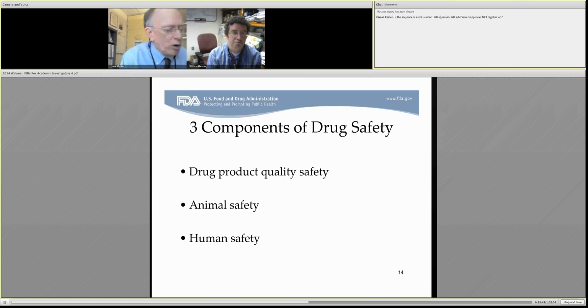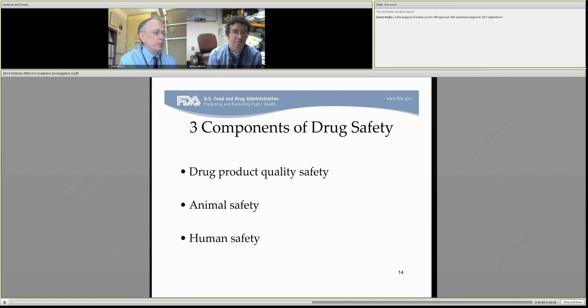So, more about safety and thinking about it. I break safety into 3 components that should be addressed in the IND application. First of all, we take for granted that when you take a pill, it's made to be consistent and you can count on having what the label says.